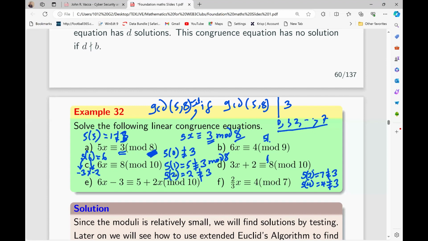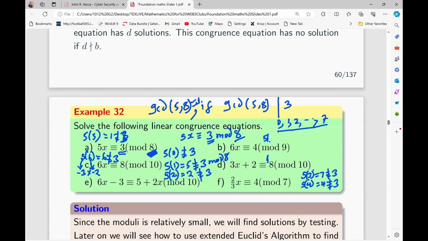I just subtracted 8 from each of these numbers, 8 from 5, 8 from 6. That's what I got. And so it gives me the remainder of 6, which is not congruent to 3.